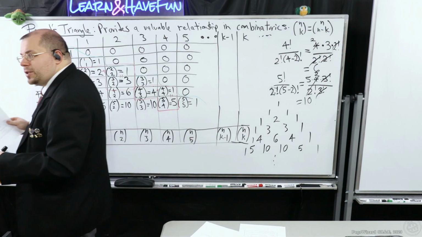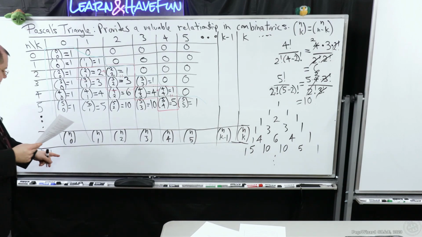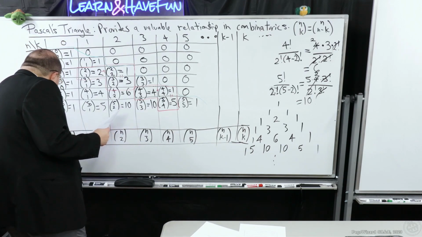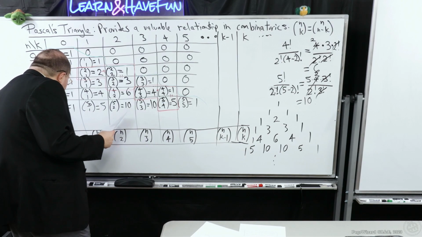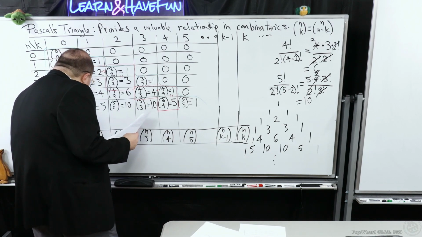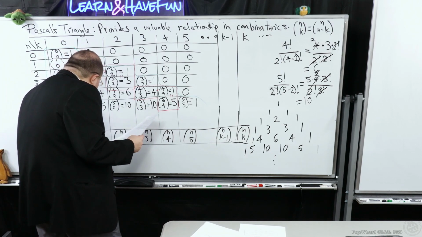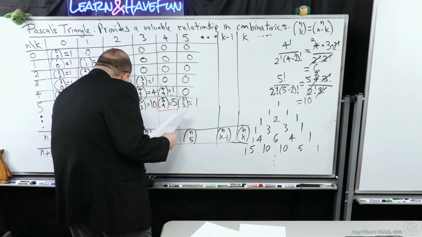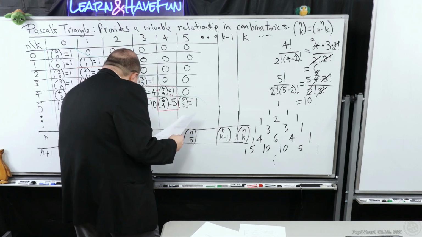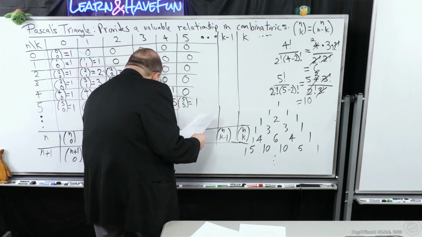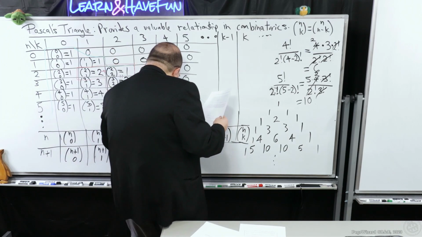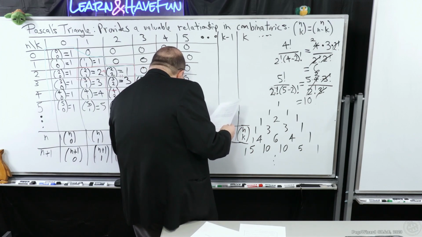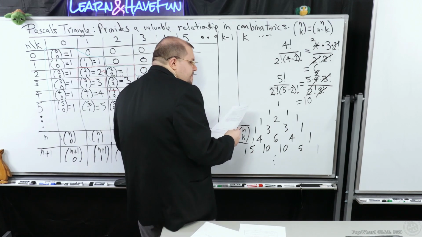What would go in the n plus 1 row? This would be n plus 1 choose 0, n plus 1 choose 1, n plus 1 choose 2, n plus 1 choose 3, n plus 1 choose 4.